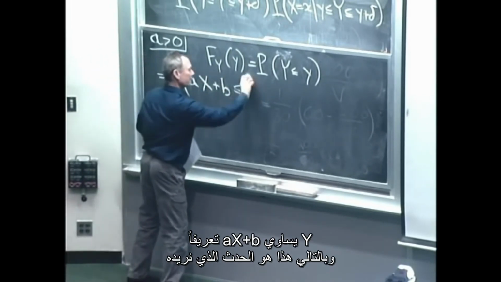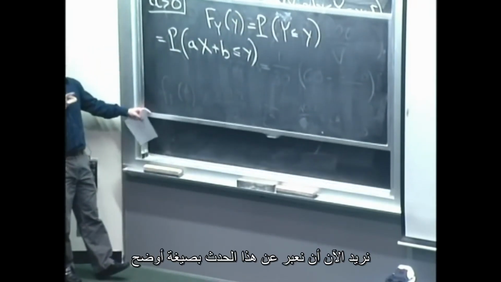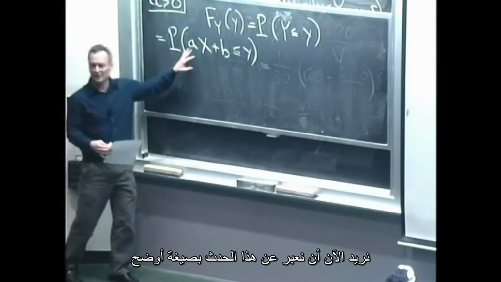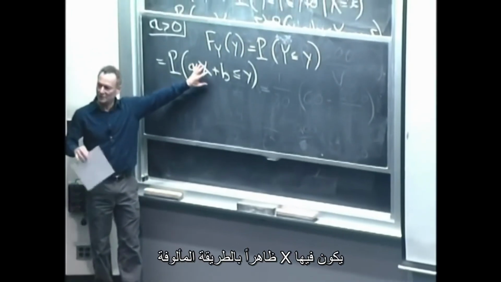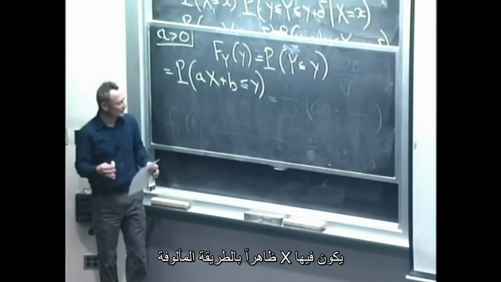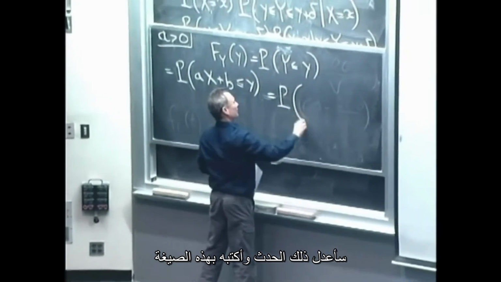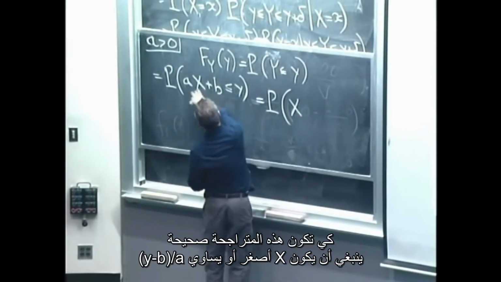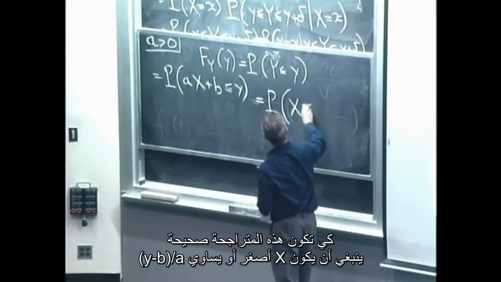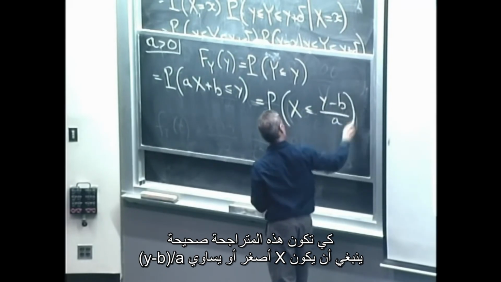So we're looking at this event. And now we want to express this event in a clean form where x shows up in a straight way. So I'm going to massage that event and write it in this form. For this inequality to be true, x should be less than or equal to (y minus b) divided by a.